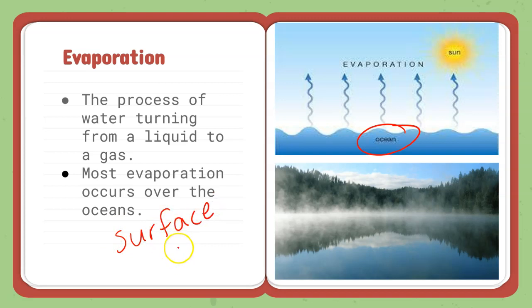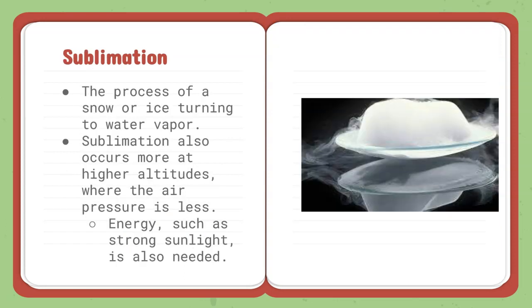The oceans cover around 70% of Earth's surface, so a lot of the evaporation occurs because a lot of Earth's surface is covered in water, and the majority of that is ocean water. So that is why evaporation occurs most over oceans.